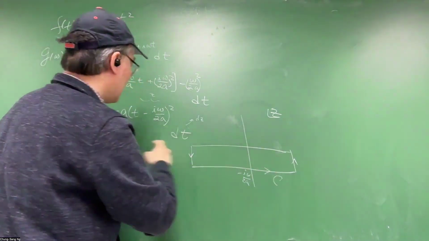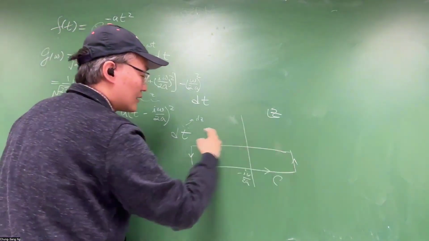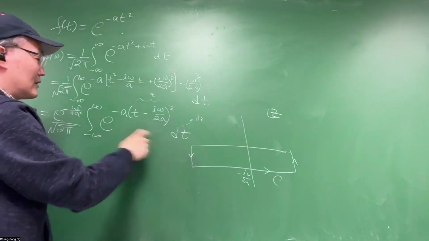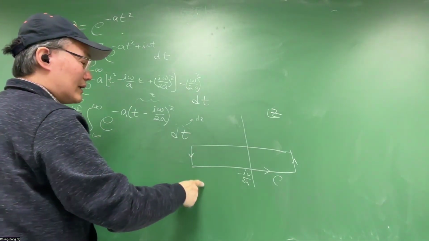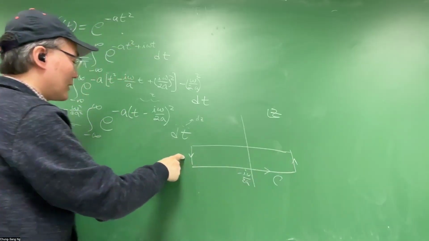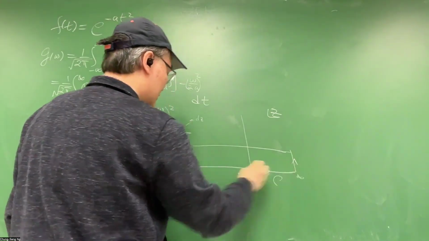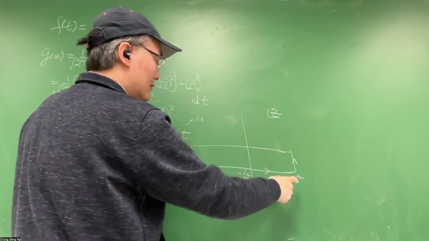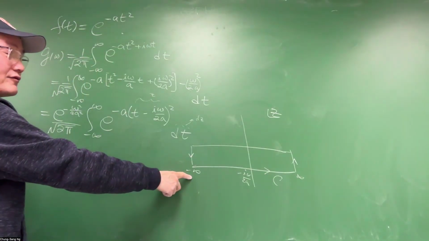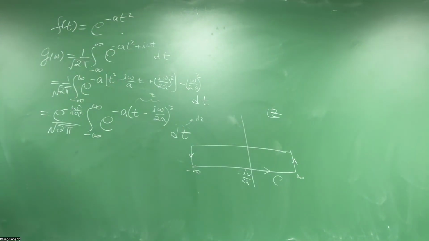The integral over this whole loop should give you 0 because the function is analytic inside, right? Then you argue that the integration of the same function along these two vertical lines, at infinity and minus infinity, where the real part of z tends to infinity or minus infinity, would be 0.